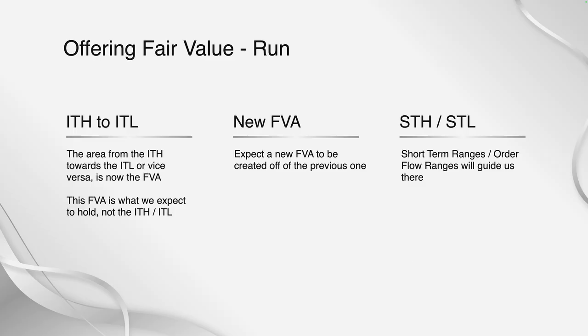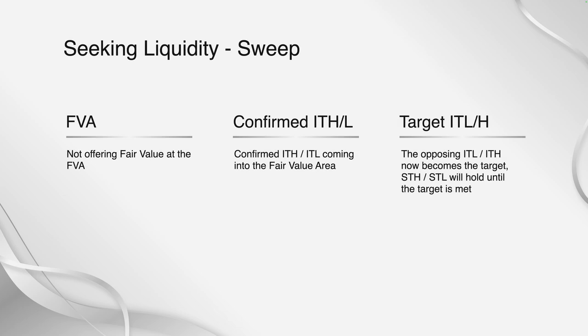Now, once we have a brief understanding of that offering fair value and a run on liquidity, I want to go over arguably the more important topic in institutional market structure, because I believe this one is understandable. Whenever we play something out, it's like a utopia, we just play price action and it's very nice, very clean, quite easy to understand.